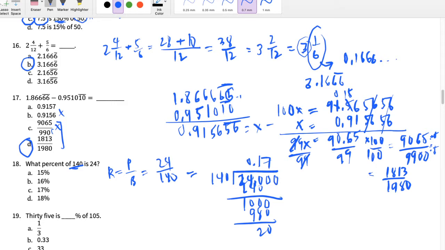Add another 0, 200 divided by 140, that's equal to 1. And so on. Okay? But we only need one decimal value here to check if it will just be 17 or if you round up to 18%. But since this is just 1, we will have 17.1% or 17%. Letter C.